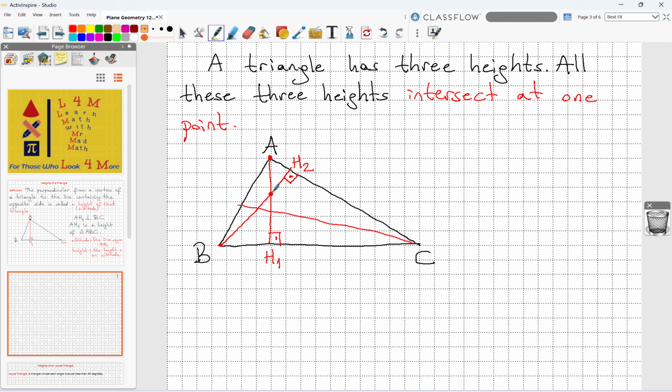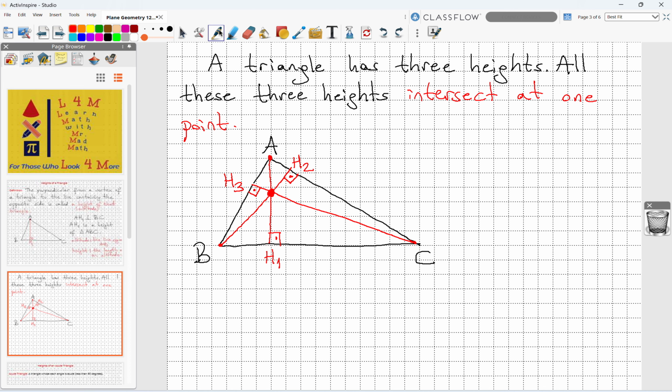It should pass through this point again. This is a fact again, similar to angle bisectors and medians. It's a fact which will be proven at a later time. Let's say this is CH3. So they intersect at one point.